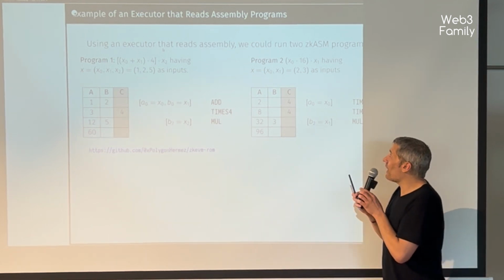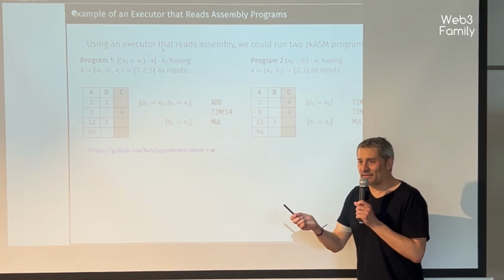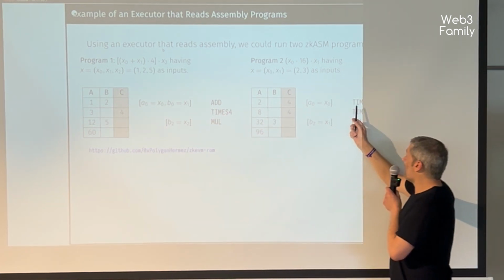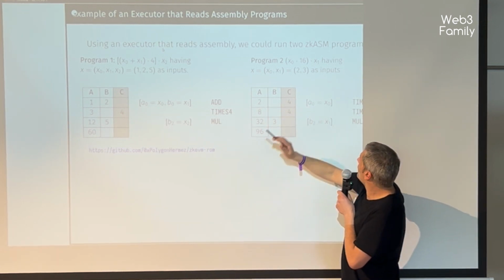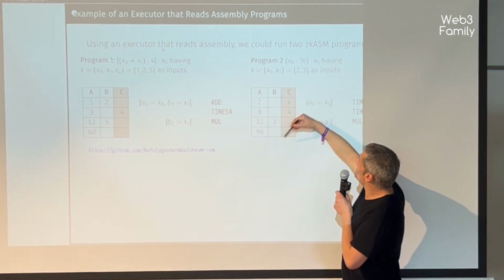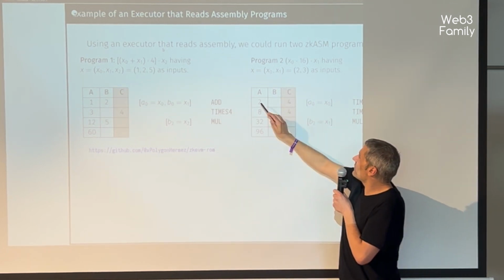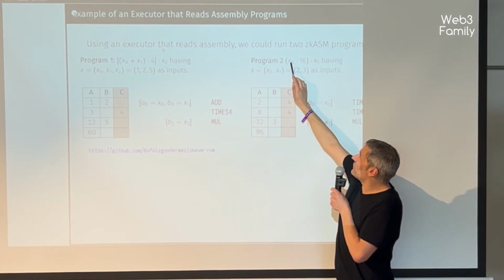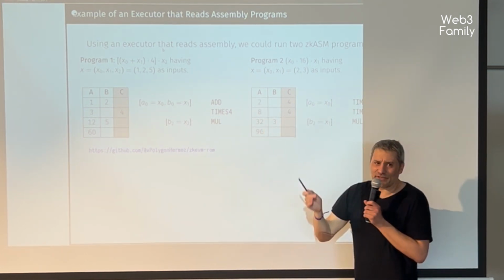So how do I do x0 times 16? Well, I don't have times 16, but I have times 4. So I do it times 4 times 4, okay? So I put my input here. This program, by the way, has only two inputs, x0 and x1, okay? So 2 and 3. So I want to do 2 times 16, but I don't have this operation.